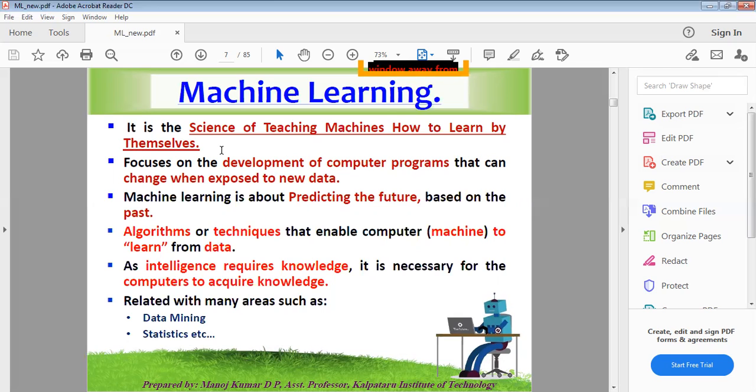So let them do it. Who is going to do it? Machines are going to do it. Okay, so the step-by-step procedure will form your algorithm. The algorithm will lead to the development of computer programs that can change when exposed to new data.